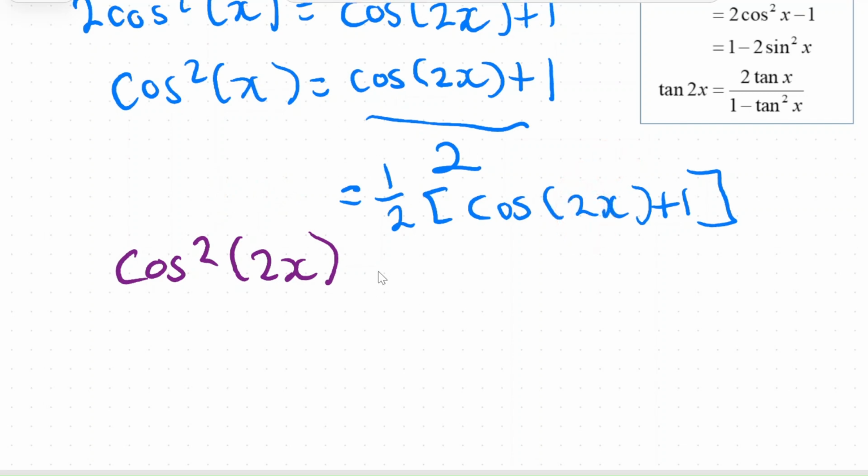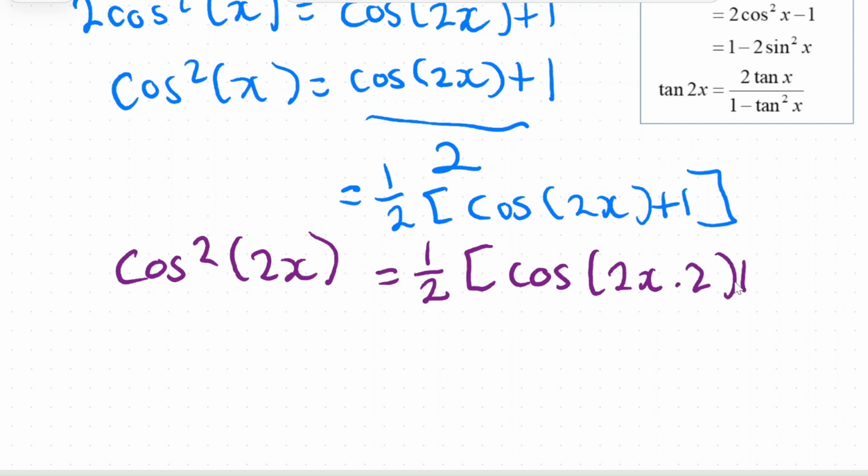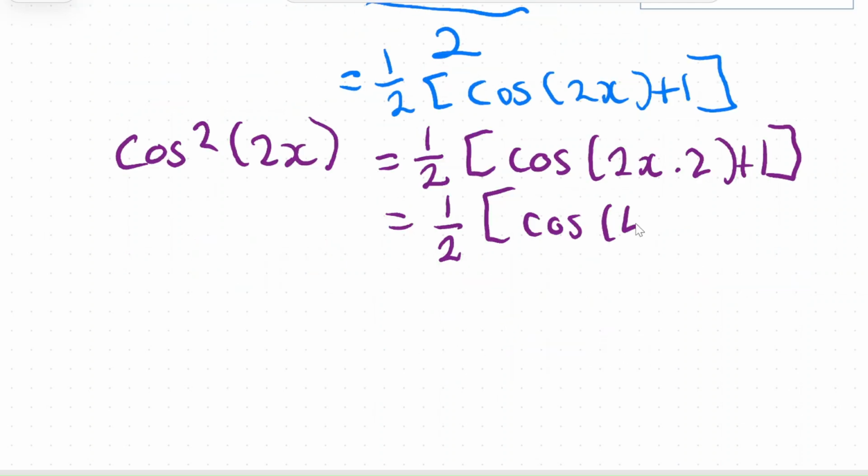Let me show you. So we'd say half times cos of 2x times 2, plus 1. So that gives us half of cos 4x plus 1.